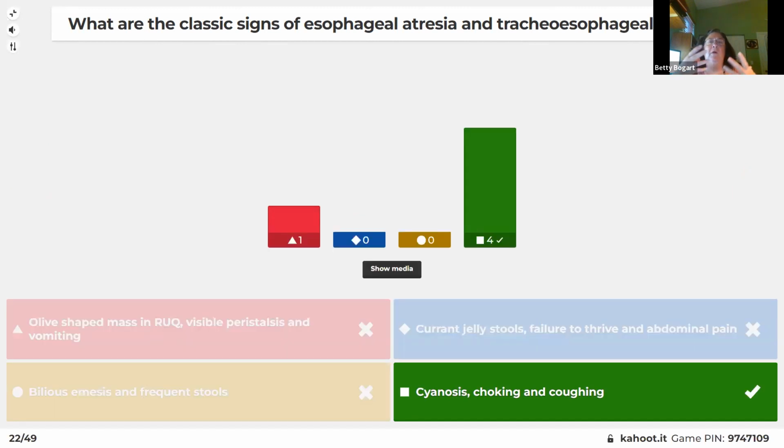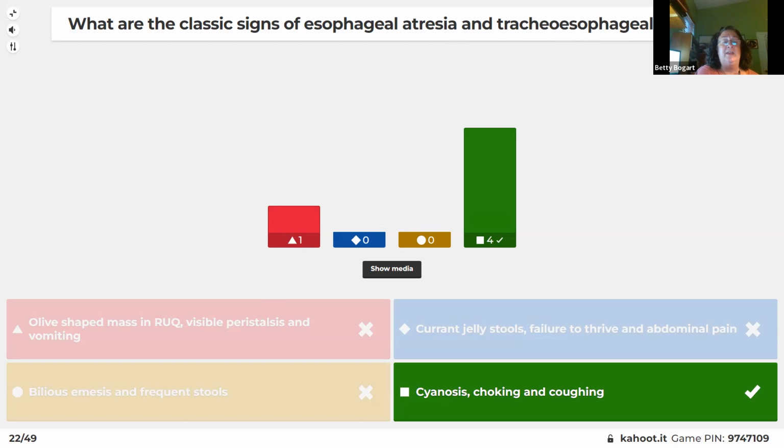So when you have no opening to the stomach and you have this little fistula which connects the lungs to the esophagus, even with just saliva, it's going to go down the esophagus and it's going to go in the trachea. What happens when you get something that goes into your lungs? You're going to cough, you're going to choke, and you're going to turn blue because you're coughing and you're choking.